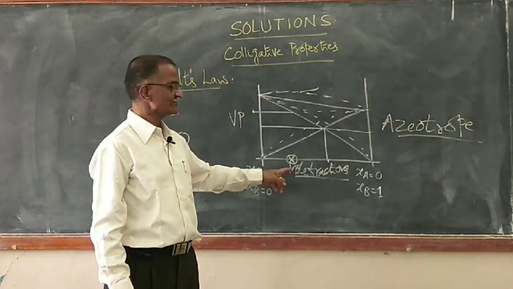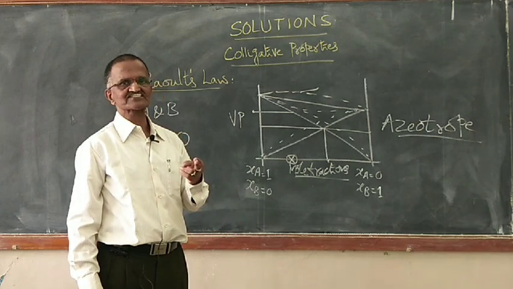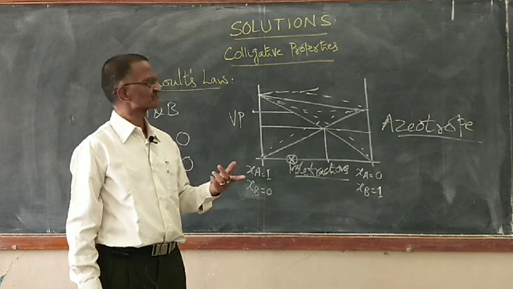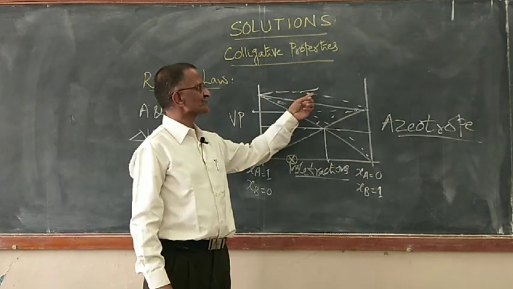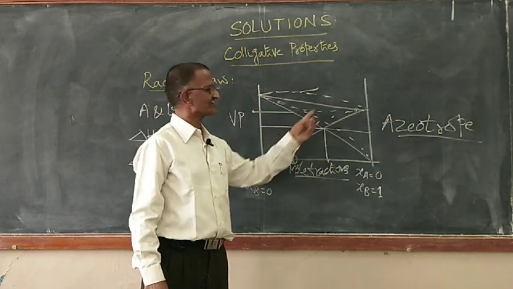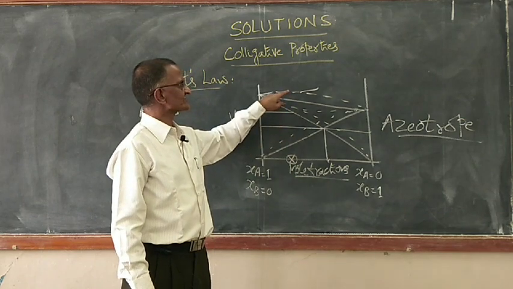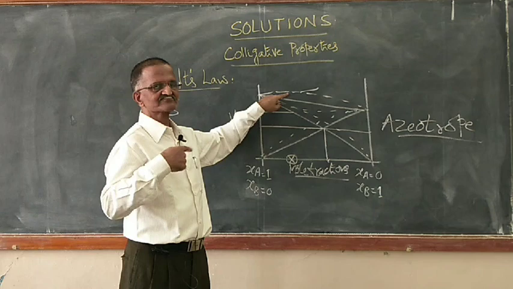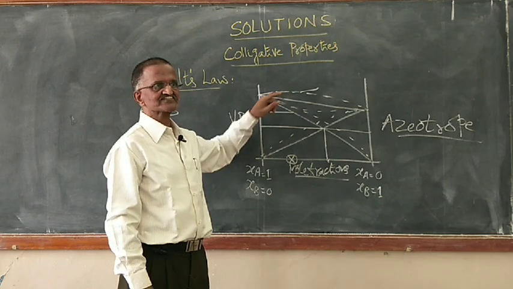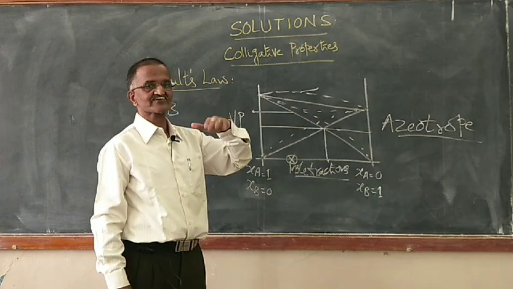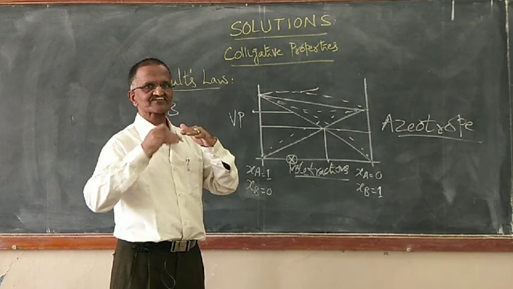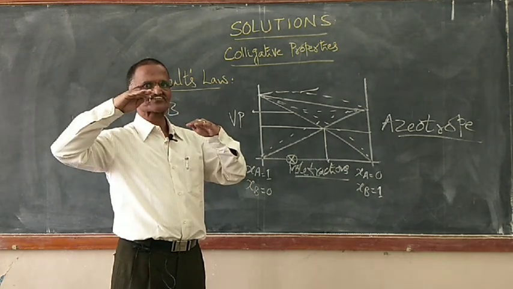Now if I have A and B mixed together, and I want to separate both the components, the solution has a total vapor pressure that is more than expected because of the repulsions between them. That means the vapor pressure at the surface is already more, so it becomes easy for that vapor pressure to become equal to atmospheric pressure.